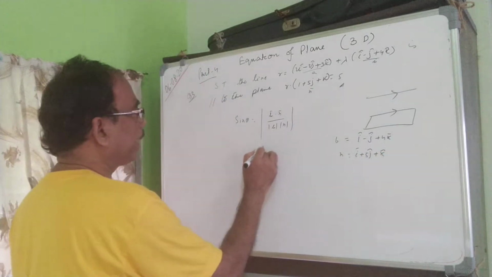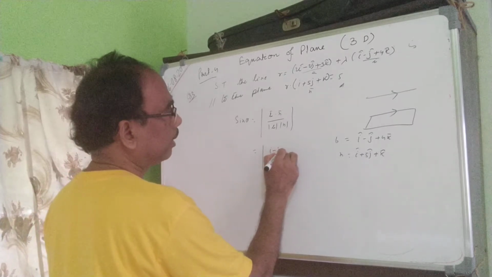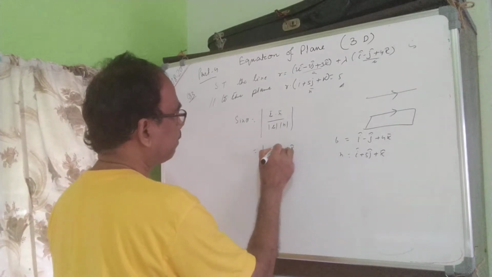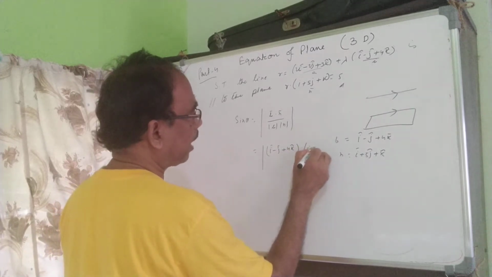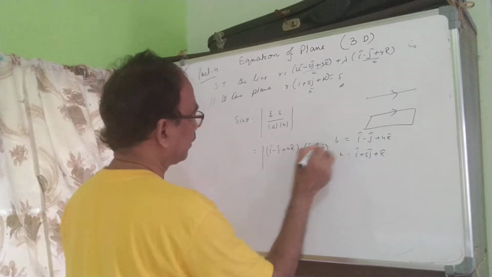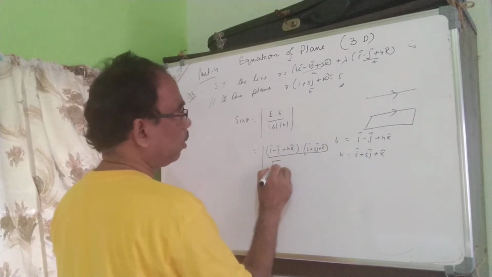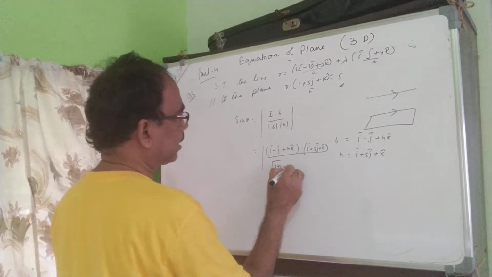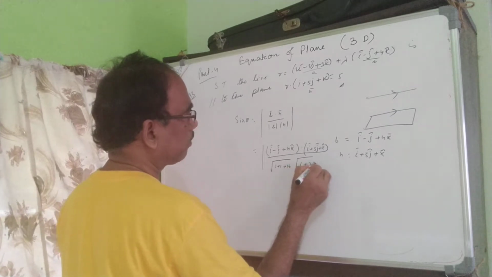So b dot n is (i minus j plus 4k) dot (i plus 5j plus k), divided by mod b, which is root of 1 plus 1 plus 16, and mod n, which is root of 1 plus 25 plus 1.